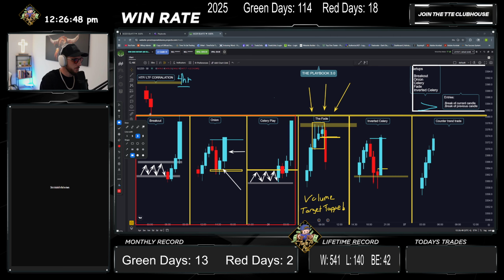And here you would be rejecting out of there, looking for the buys to move up, right? So keep in mind, the fade and the inverted celery are two impulse trading ideas, but they're also target tapped concept ideas, right? Very, very important.